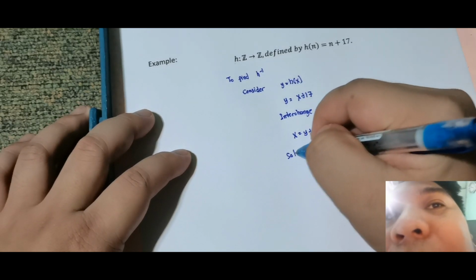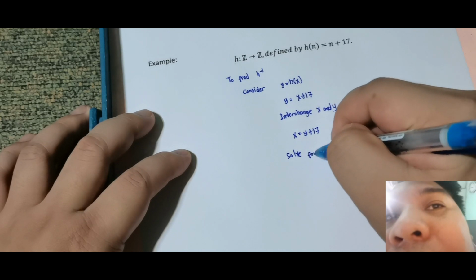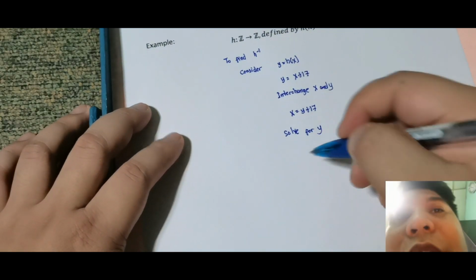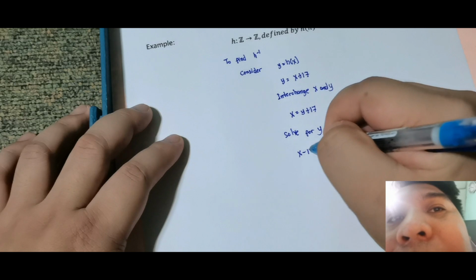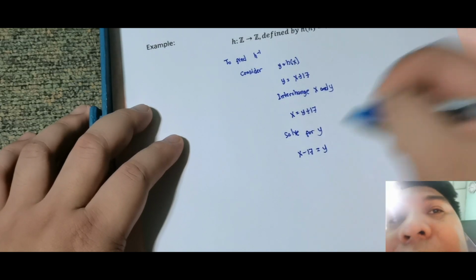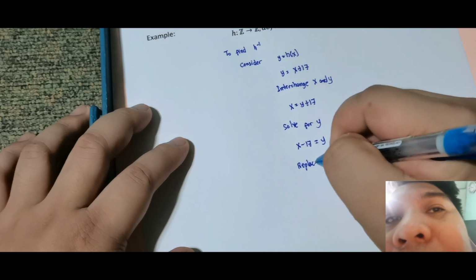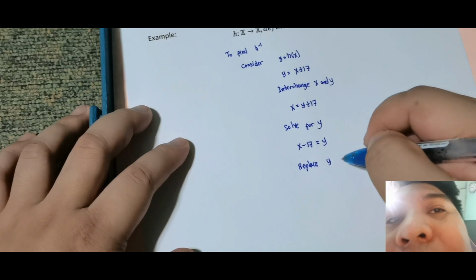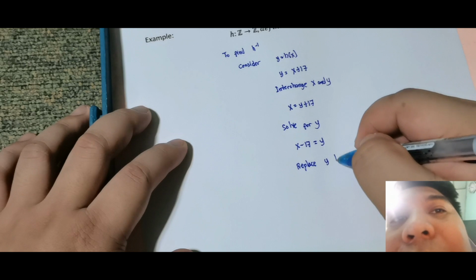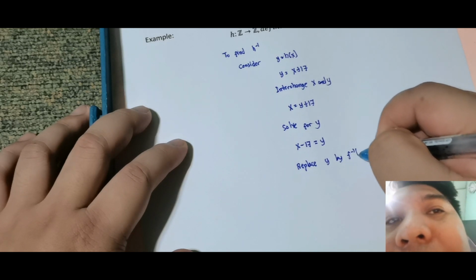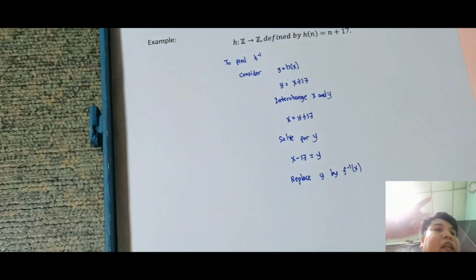Then, we need to solve for y. Okay, so obviously that is x minus 17 is equal to y. Then, replace y by f inverse of x. Sir, bakit? Kasi in-interchange, nagbago siya, nagpalit.